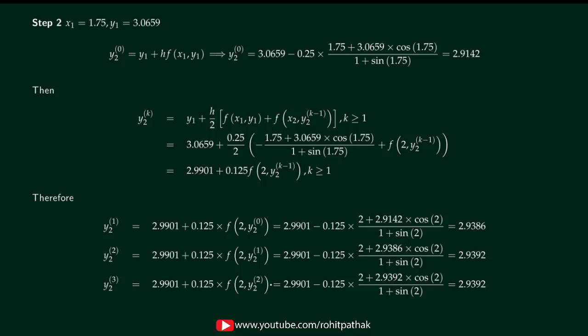Since these two values are repeating, we stop here, because if we repeat this again, we again get 2.9392. So we have x2 equal to 2 and y2 equal to 2.9392. Now starting with this x2, y2, we find x3, y3, that means y at 2.25.